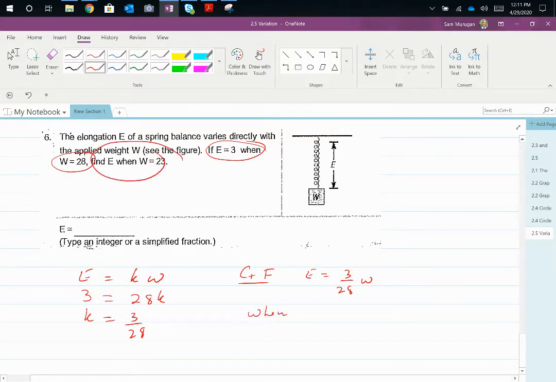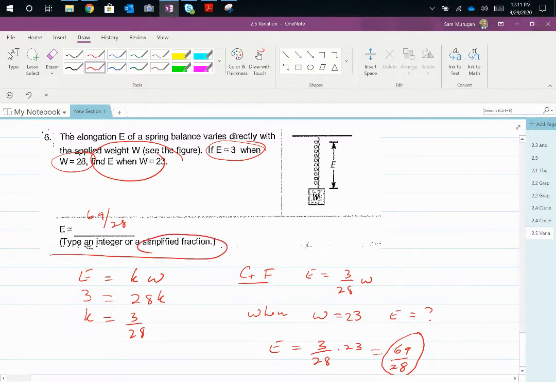When W is equal to 23, find E. So substituting, we have E is equal to 3 over 28 times 23, which is 69 over 28. Okay, this is the way the answer has to be typed in, 69 over 28 as a simplified fraction.